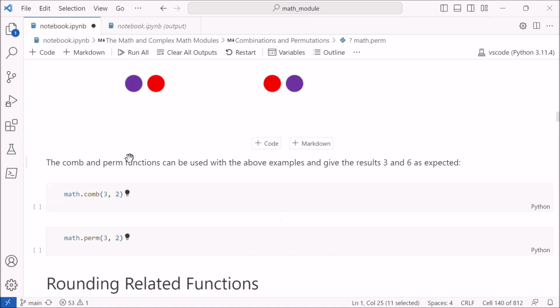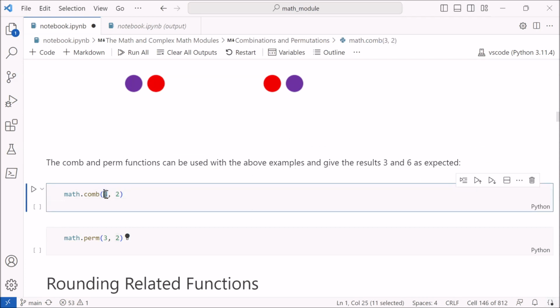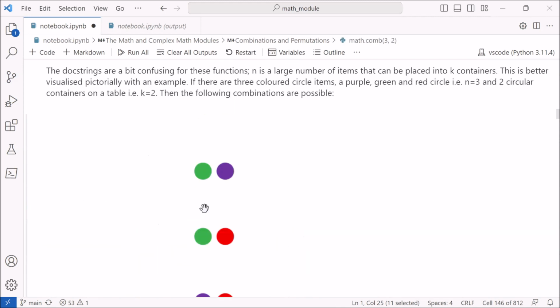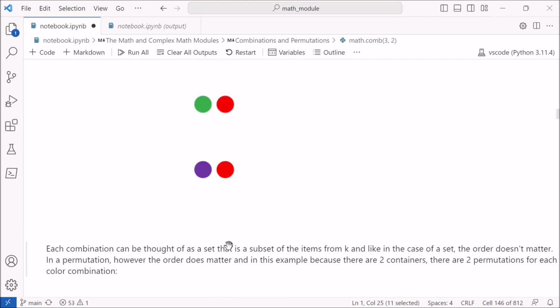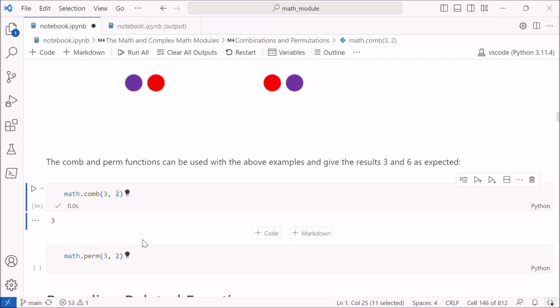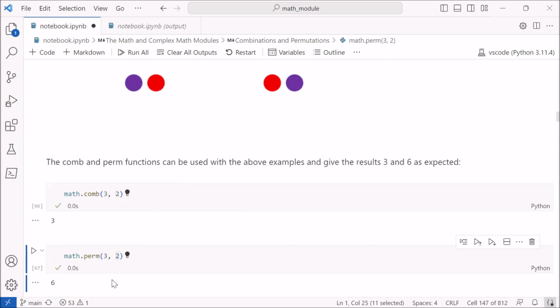So the combination and permutation functions can be used with the above examples. We've got 3 items and 2 containers, and this gives us 3 combinations. Once again, we've got 3 items and 2 containers, and this gives us 6.